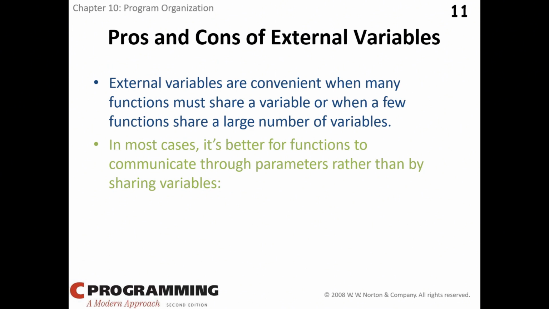However, it's important to consider the drawbacks of relying too heavily on external variables. In most cases, it's better for functions to communicate through parameters rather than by sharing variables. This approach promotes more modularity and encapsulation, making the code easier to understand, maintain, and debug.